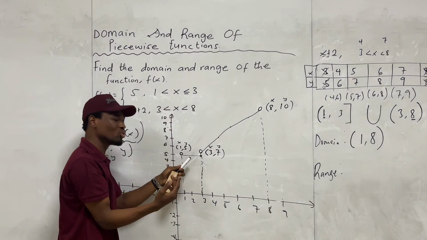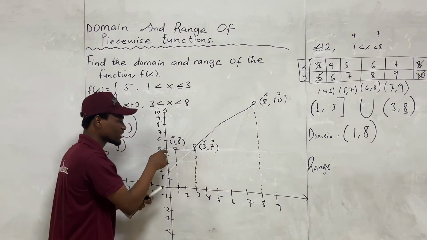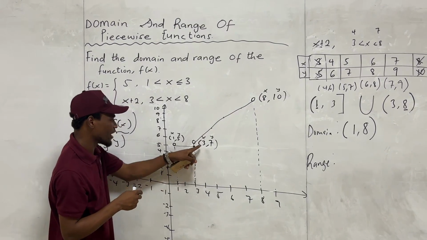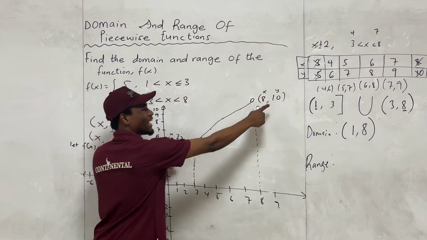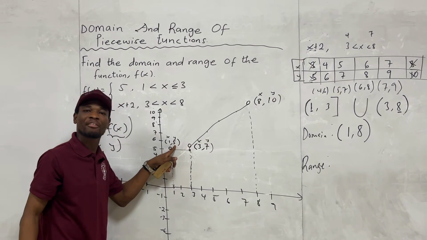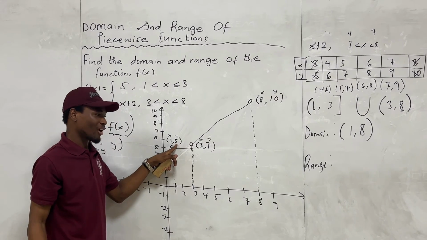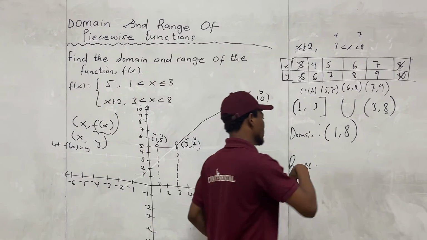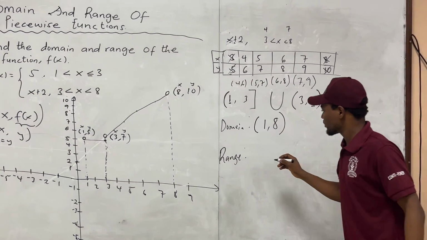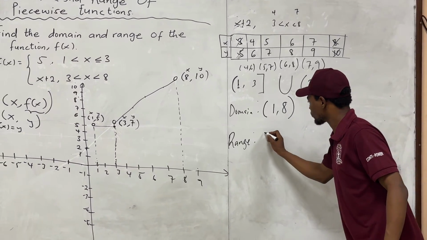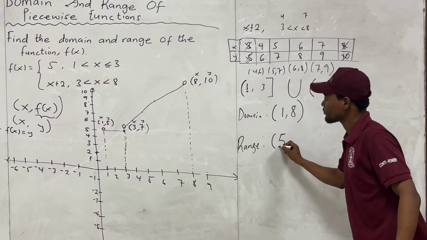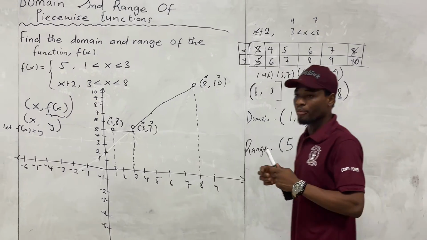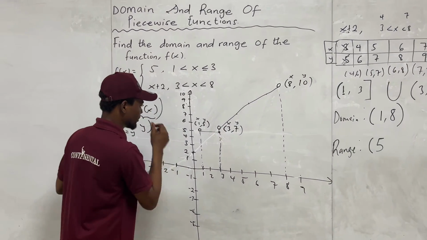The same applies to the range. So for the range, what is the lowest value here? I have 5, 7, and 10. So what will I do? I'll pick 5. So for the range, I have 5 here. But look at something.